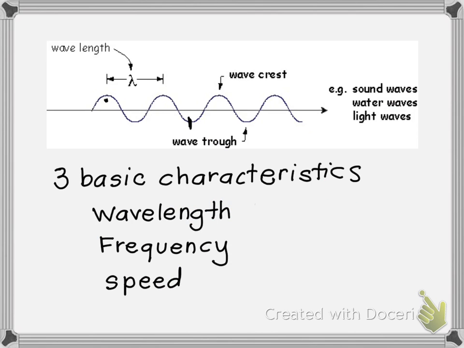Now, a couple of the basic characteristics of electromagnetic radiation that we look at are wavelength, which is given the symbol lambda. It's a Greek letter. Wavelength is the distance between consecutive peaks. A peak is the top, so consecutive would mean one after the other. If I measured that distance, you see here I get lambda.